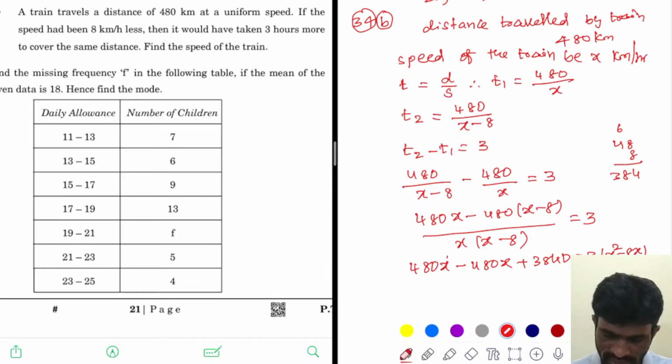So here these two will be cancelled. So our equation will be 3 into x square minus 8x, and if you send 3840 to this side, minus 3840 is equal to 0. This is the quadratic equation.